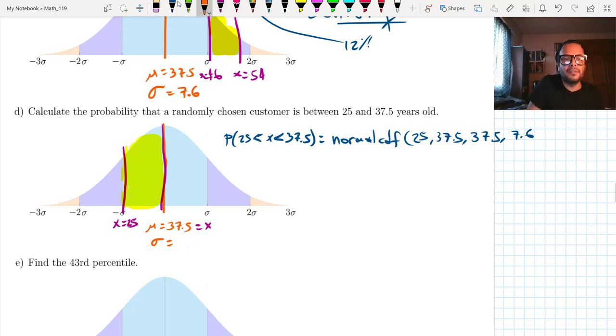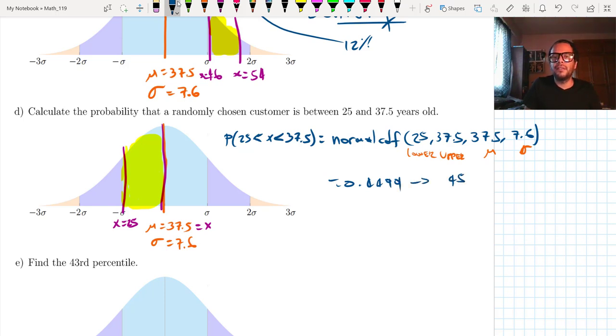This should have been 7.6, not 25. And because there's two 37.5s here, let's call this a lower, upper, and the mean and the standard deviation, called sigma. Okay, what did we get here? Again, I believe we got 0.4499. That is basically 45%.